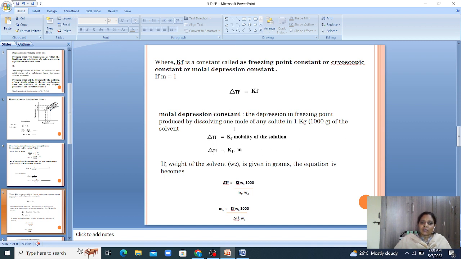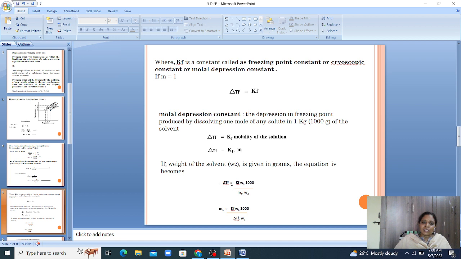So if 1 mole of solute is dissolved in 1000 grams, then we get this kind of relation. If the weight of the solvent is given in grams, then the above equation becomes delta TF equals Kf into weight by molecular weight of solute into 1000 by weight of solvent.